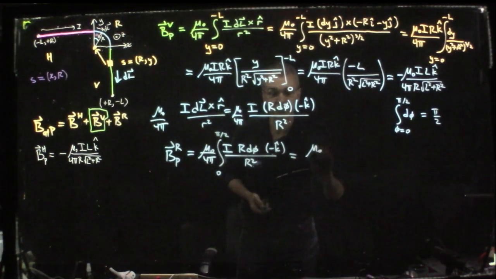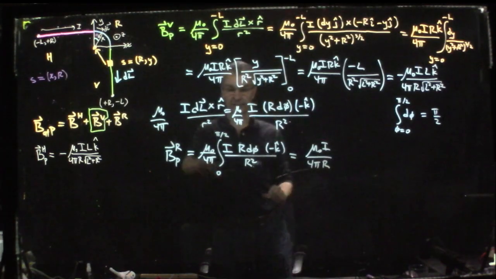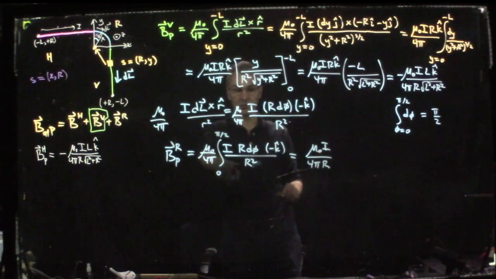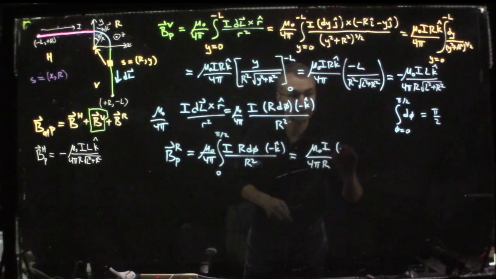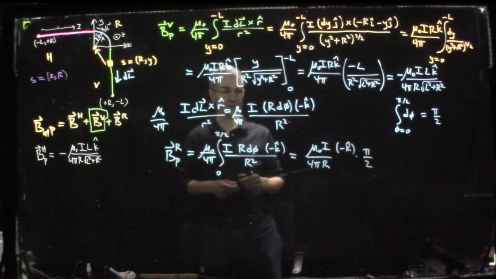So there's mu naught I over 4 pi r, minus k hat, and then pi over 2. I think that's all there is.